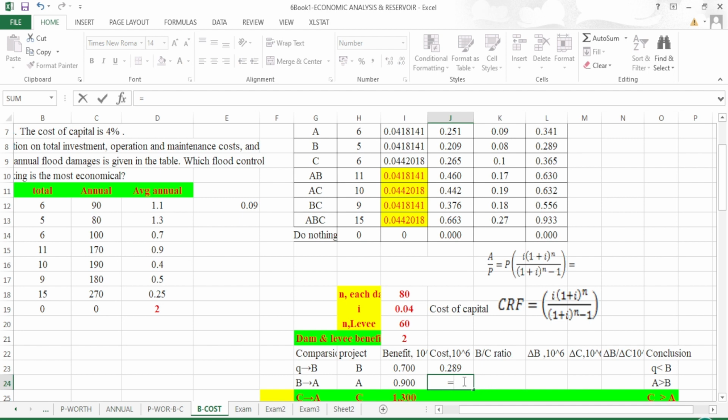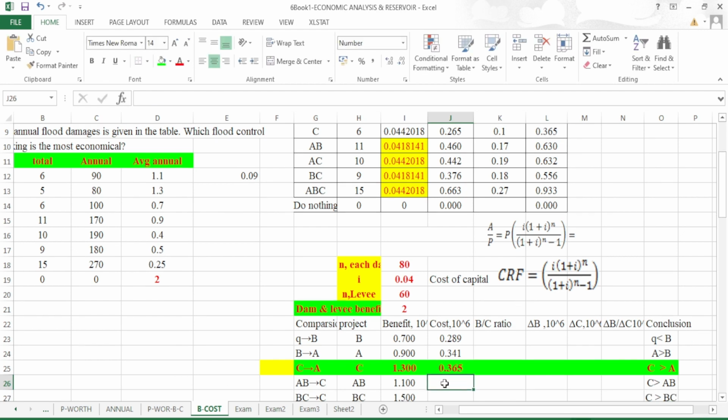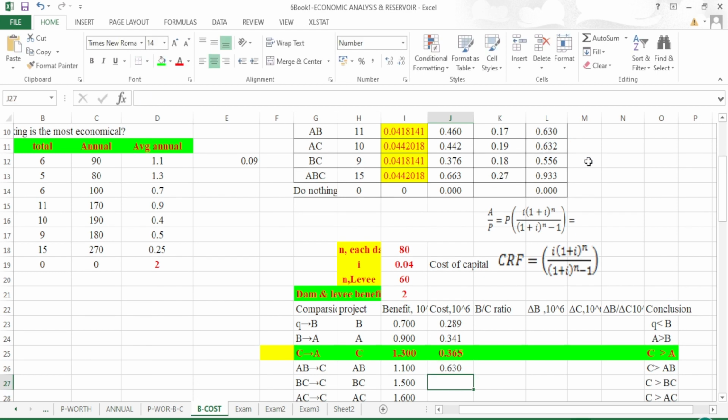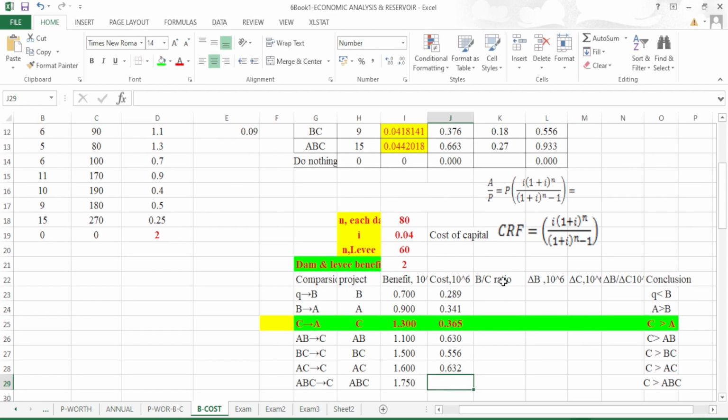The cost of project A is 0.341. The cost of project C is 0.365. The cost of project AB is 0.63. The cost of project BC is 0.556. The cost of project AC is 0.62. The cost of project ABC, the last project, is 0.933.